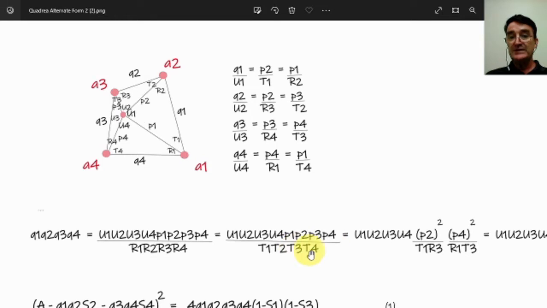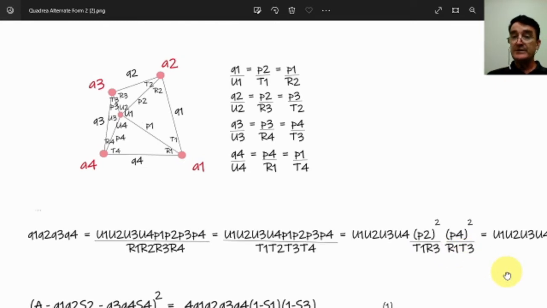When we take the P2 terms and the P4 terms in the numerator and multiply Q1, Q2, Q3, Q4 together, that's equal to U1 times U2 times U3 times U4 times P2 squared times P4 squared, all divided by T1 times R3 times R1 times T3.